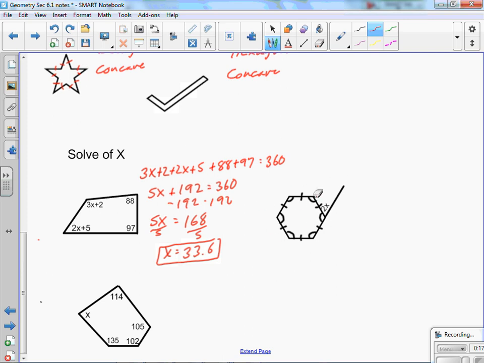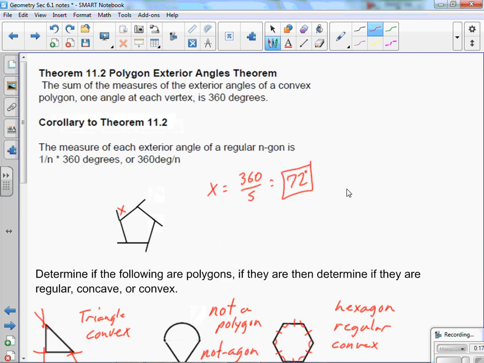Then this next one to the right, the x is on an exterior angle. It's on the outside of the figure. And so we have to remember what we learned up here at the top of this page, which says that the sum of the measures of the exterior angles of a convex polygon, one angle at each vertex, is 360 degrees. Or the measure of one exterior angle is 360 degrees divided by n.